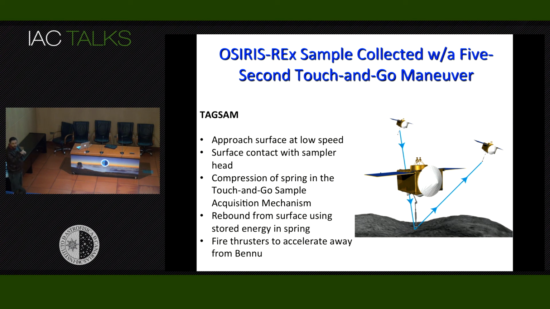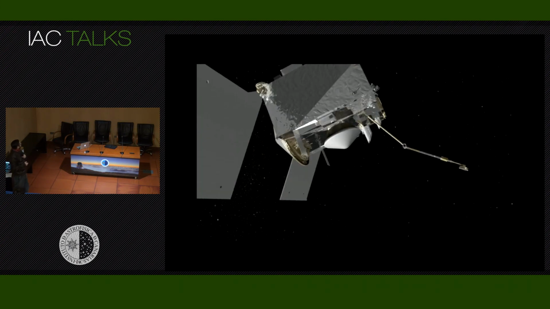It will stay a few seconds, come very slowly, touch the surface, and blow air on the surface, making the regolith enter the collector, and then use the arm to impulse itself and leave the target. This is a video.